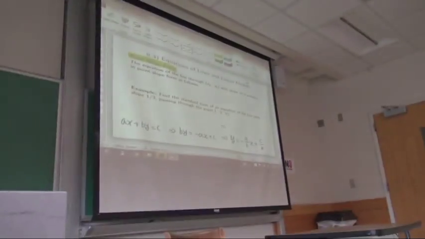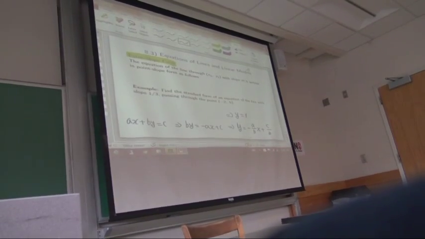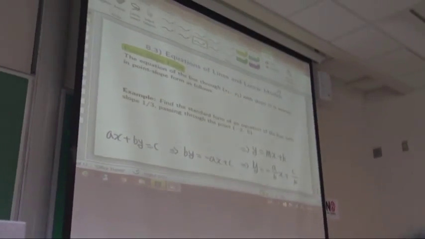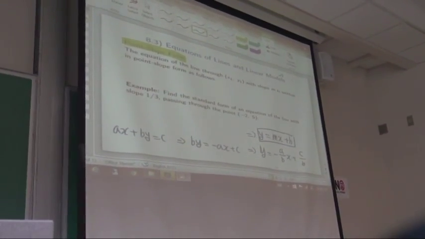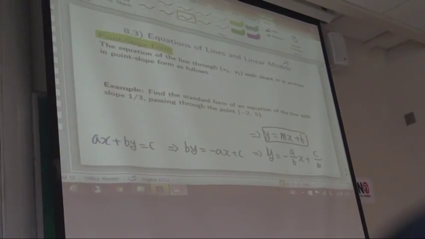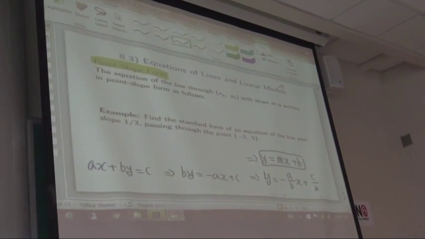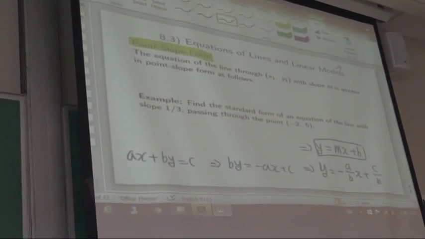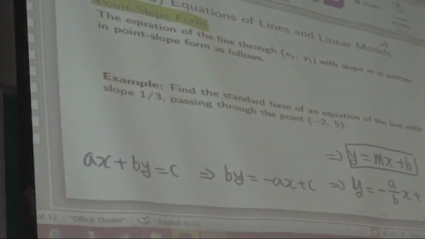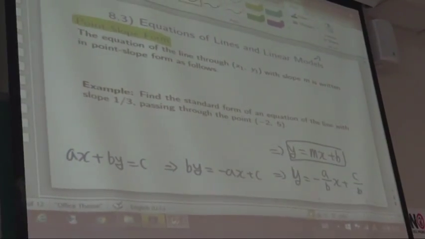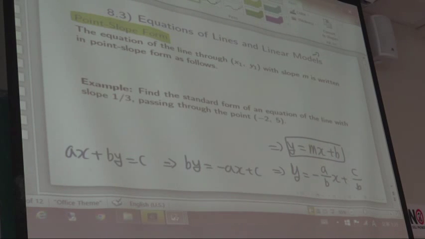And when I simplify this, we write this as just mx plus b. This m, the coefficient of x, is called the slope, and this b is actually the y-intercept. So the typical form of the straight line is either this format or this format. That is a typical format.